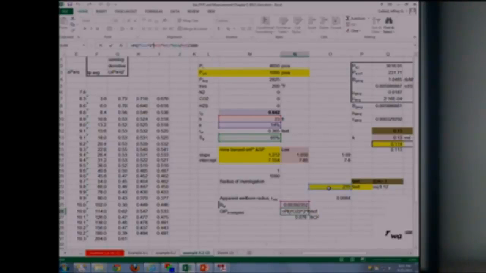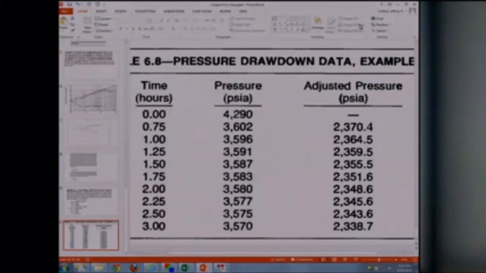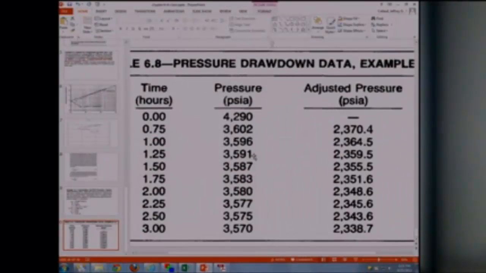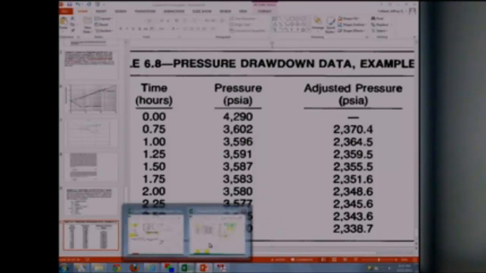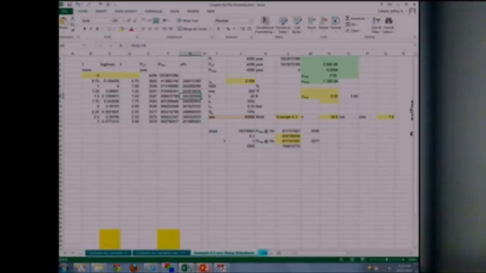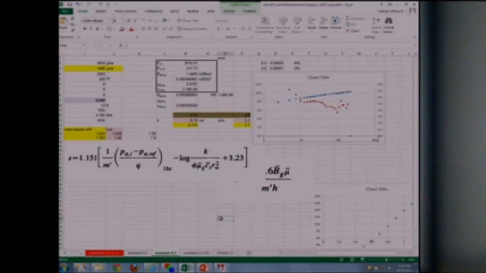Okay, I think this is a good time to take a break. I'm going to switch over to here, hit pause. Okay, so I'm going to copy this data over to the spreadsheet that we're working on.